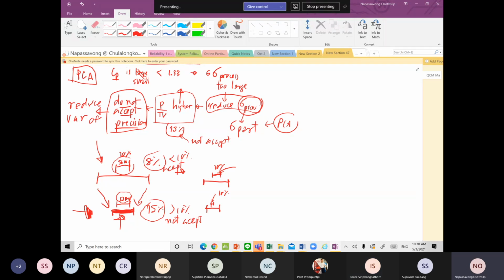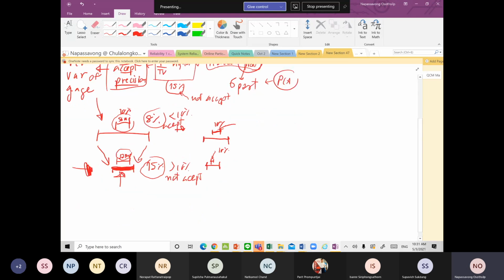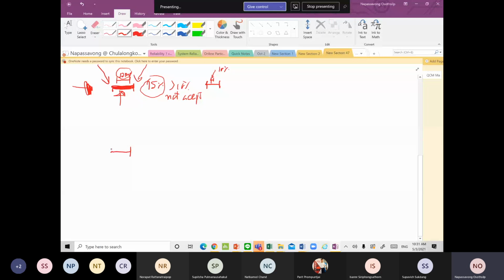So we have to reduce the variation of the gauge, or the measurement system, right? To keep this ratio, for example, this is 15%, given this much variation, which is the reduced sigma of the process.